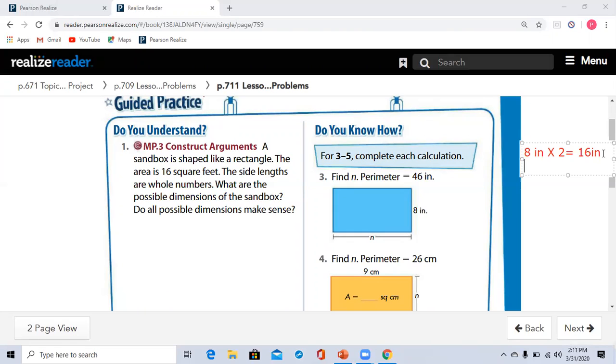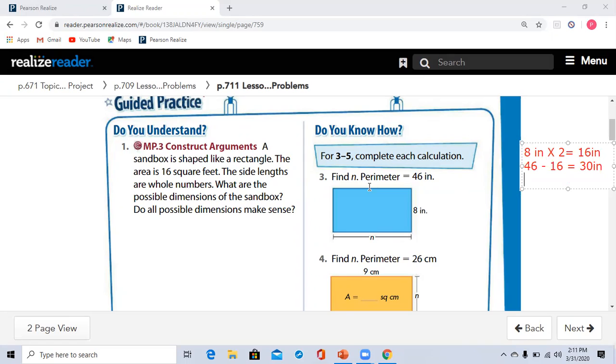Now that I've got that 16 inches, I can deduct it from the total perimeter. 46 inches minus 16 will give me 30 inches. But 30 inches is both that n and that n. So that is 2n.